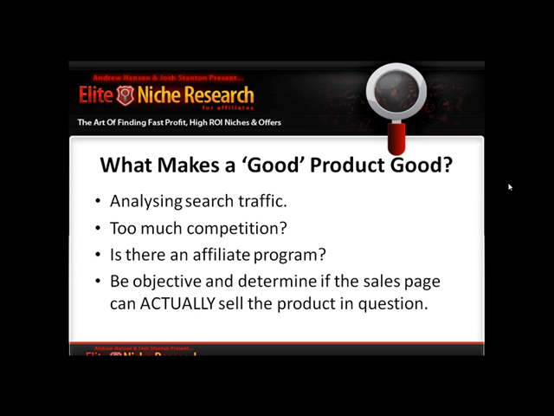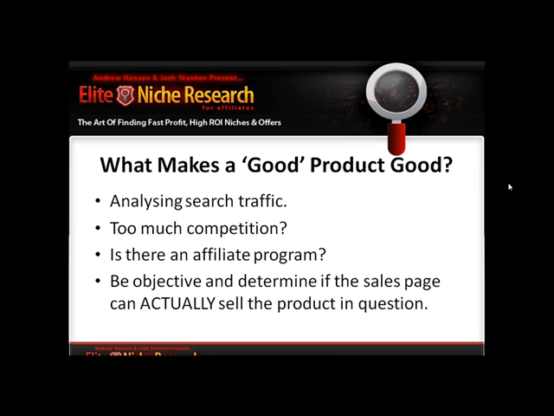Finally, last thing we want to talk about is being objective. So take a look at the sales page where the product you're wishing to promote is being sold, and determine if that sales page looks like they know what they're doing. Because you don't want to be sending your traffic to a simple order page, because it's unlikely the conversion rate will be very high on that page.